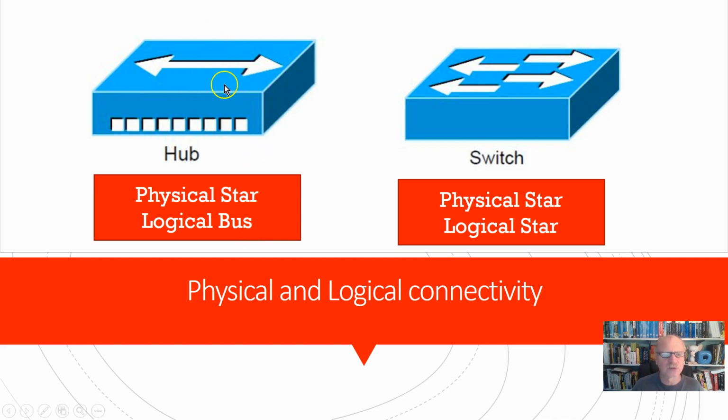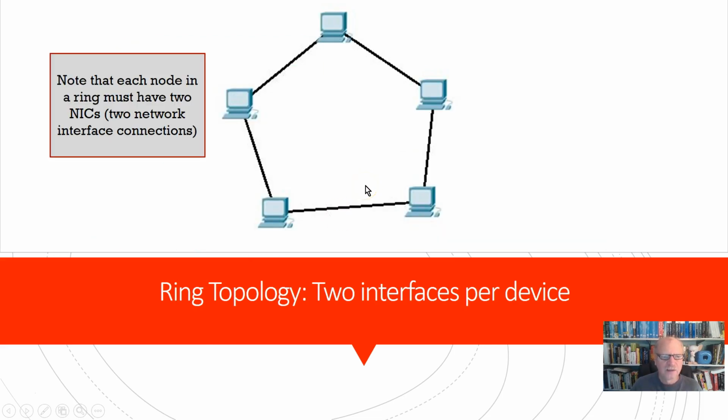All the wires are sort of tied together, and so we have a logical bus but a physical star. With a switch, we have a physical star and a logical star. So remember, the physical layout and the way the communication actually travels through that layout might be different. So we call that a physical and a logical layout. Hub, physical star, logical bus.